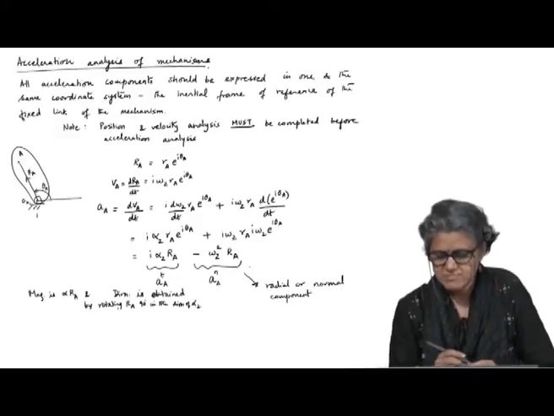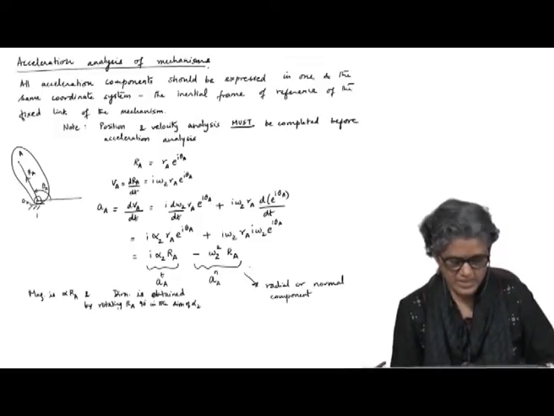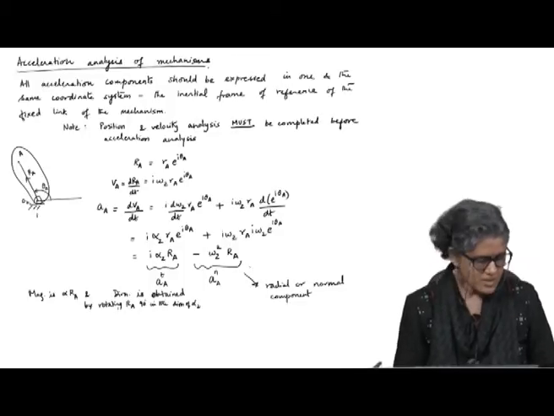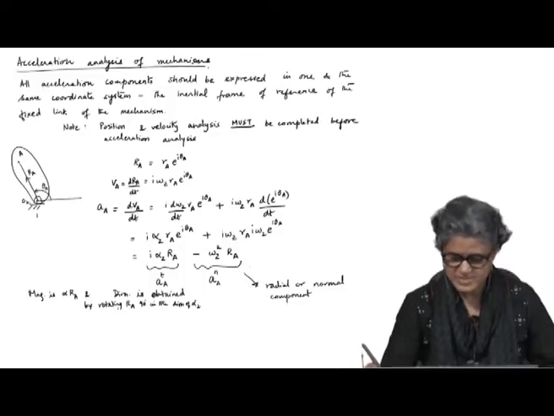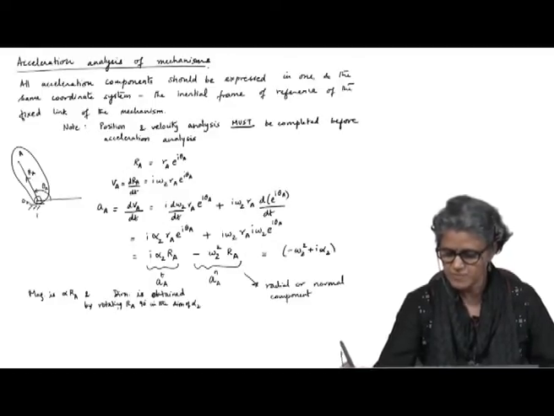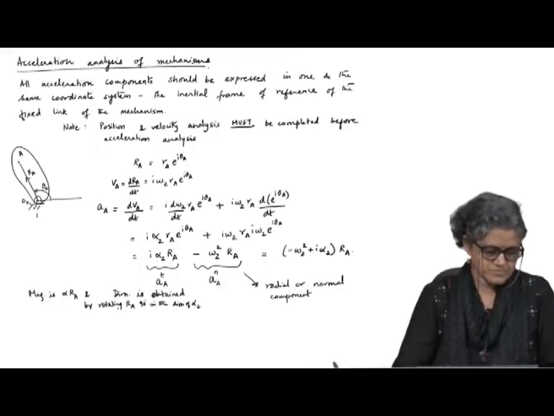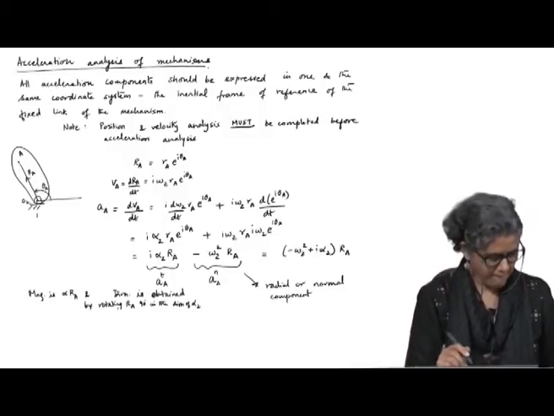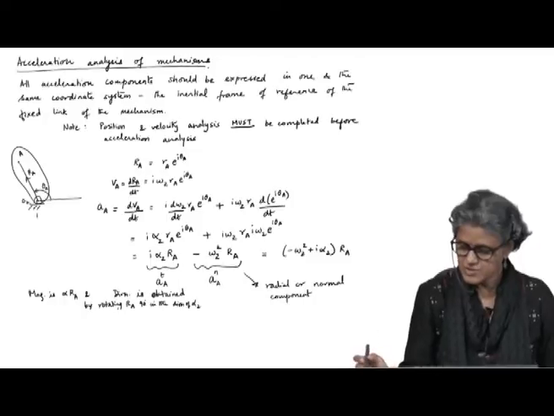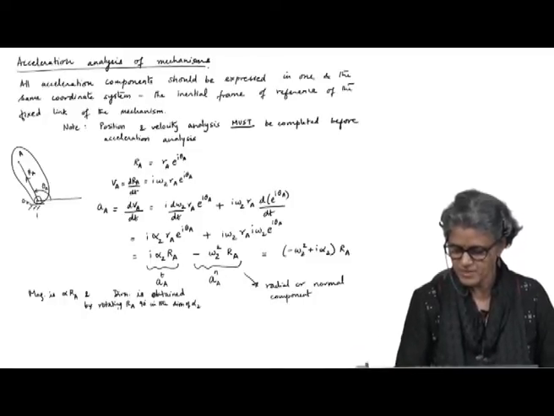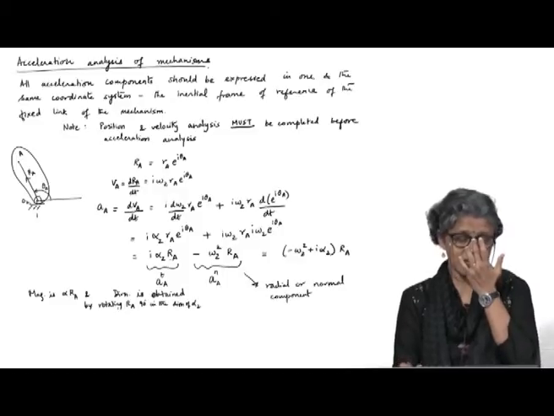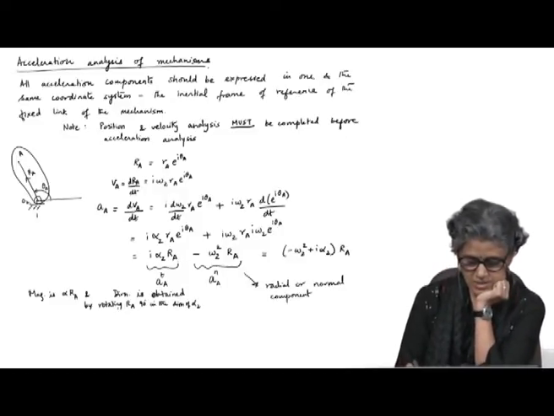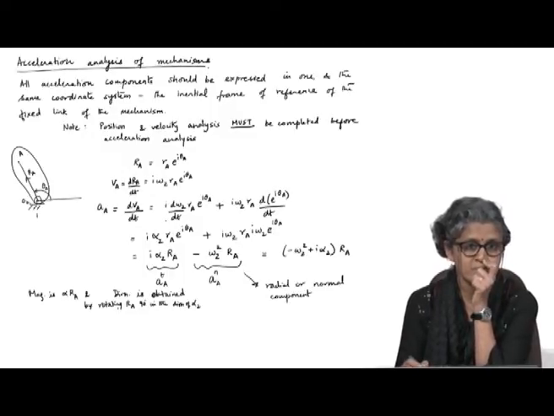This you would have seen several times in earlier classes. So, I can write this as minus omega_2 squared plus i alpha_2, times R_A. The tangential component, i alpha_2 R_A, is because of the change in the magnitude of omega_2.